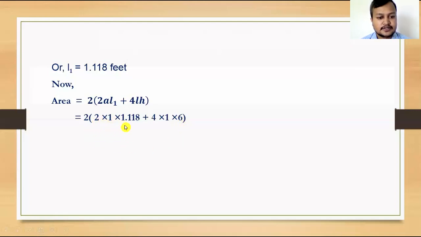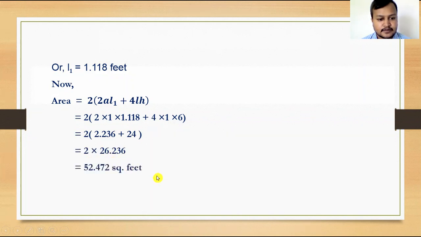Multiply these values, 2 into 1 into 1.118, 2.236 plus 24. Similarly, 4 into 1 into 6 is 24. So it will be 2.236 plus 24, and adding these two, 26.236, and multiply that with 2 now, 52.472 square feet.